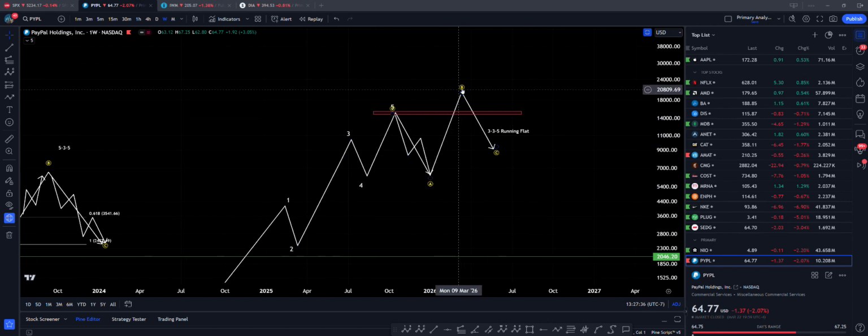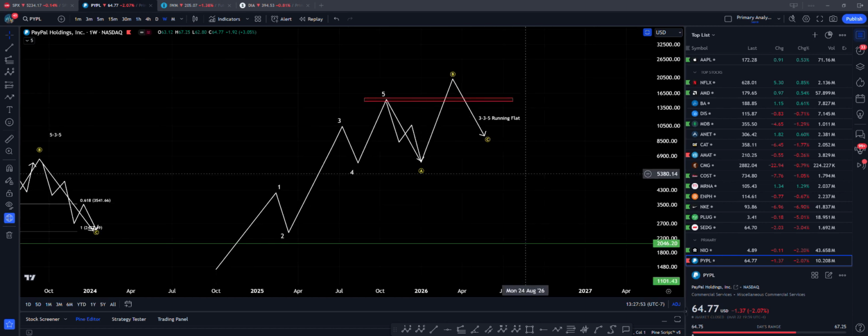If you see, the B wave went above this top of 5, and C is not even coming down. It's showing the buyers' eagerness to get into the stock. They don't even want those lower demand levels to be tested. The stock is hot, everybody wants to get in. Any drop is very small, and it just gets bought, right?